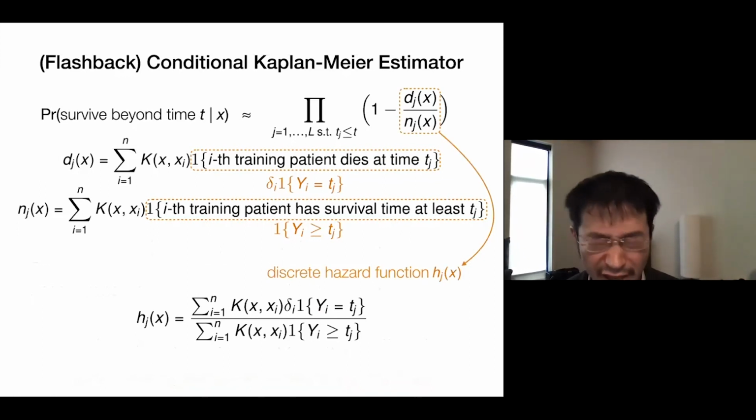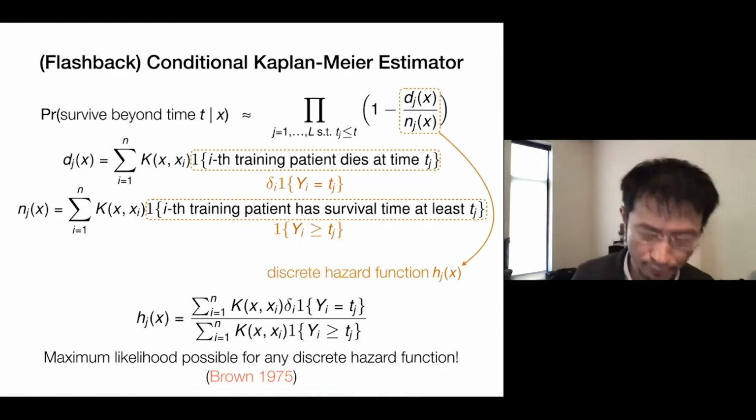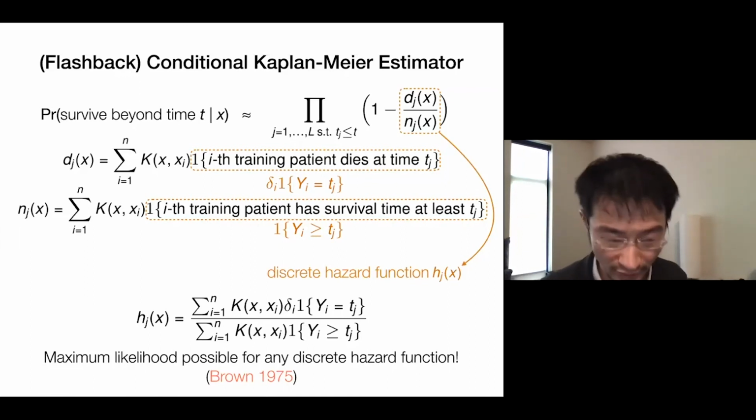It turns out for any of these hazard functions, you can do maximum likelihood. There's a paper by Brown in 1975 for how to do this. The likelihood or the loss, you just negate to get between those two. I can state what it is, but I'm not going to go over it in detail.